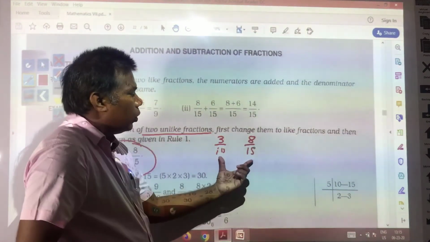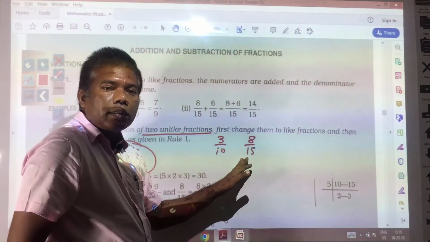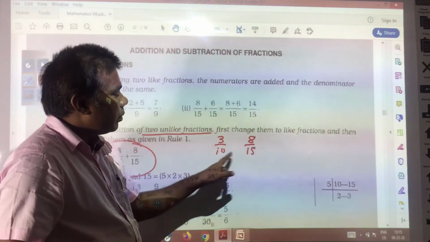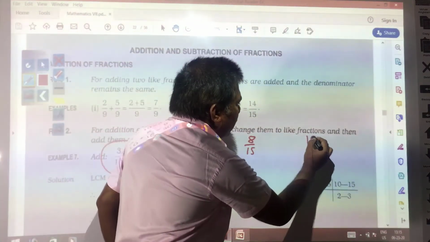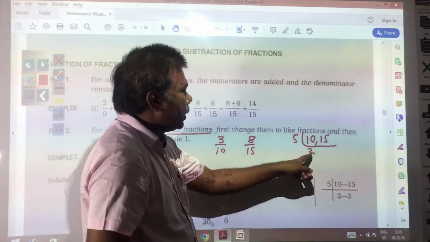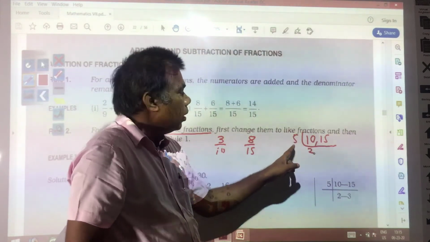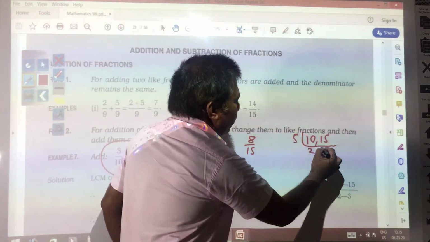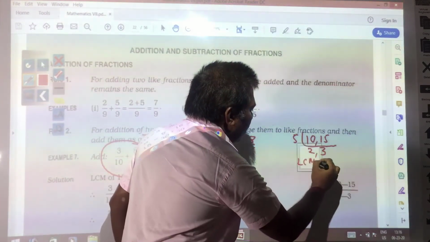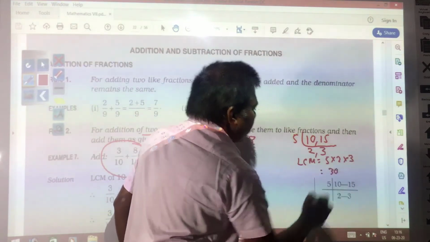You need to convert these fractions into like fractions, so you find the LCM of 10 and 15. 5 twos are 10, 5 threes are 15. Always take prime numbers while dividing. So finally the LCM is 5 into 2 into 3, which is 30.